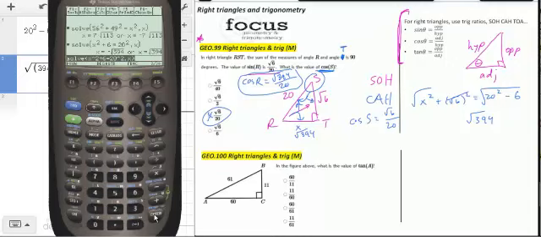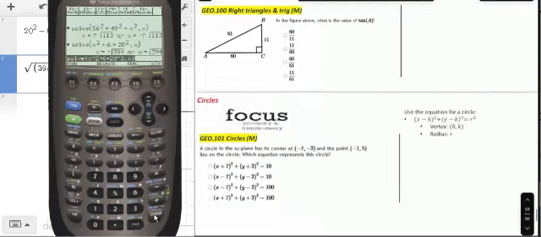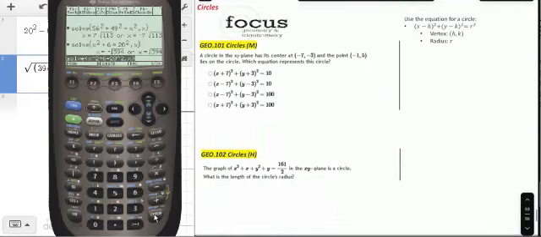All right. The final concept that I want to talk about involving geometry that you will likely be asked to work with is the equation of a circle in a coordinate plane. And so this is your equation. It really is just the distance formula, and the distance formula is based off of the Pythagorean theorem, so it's all connected in that way.